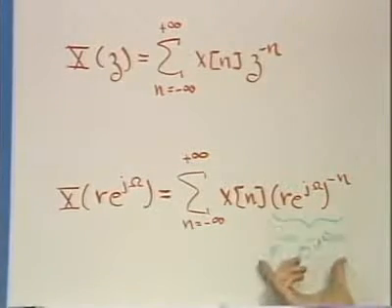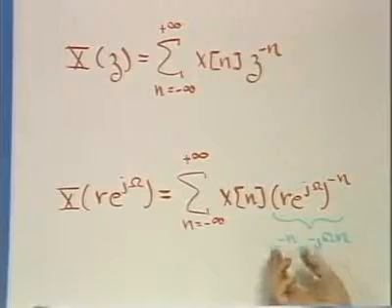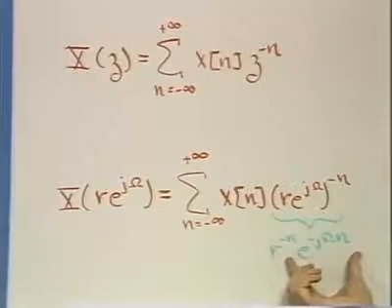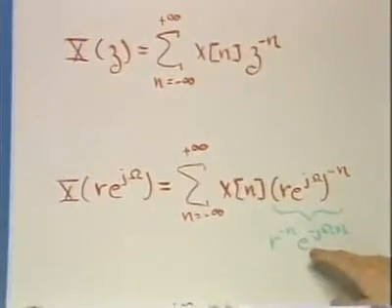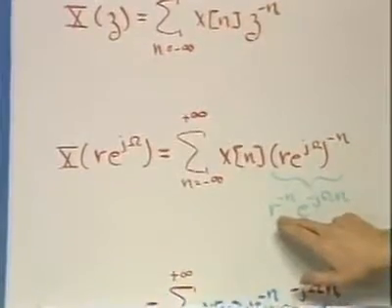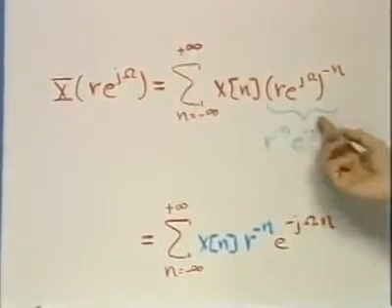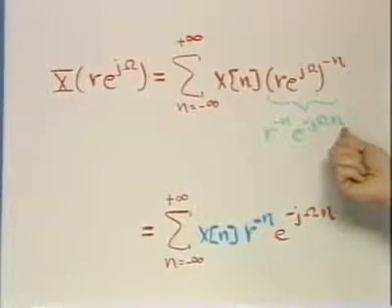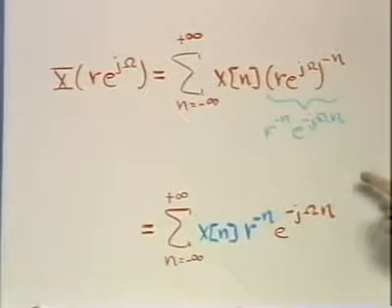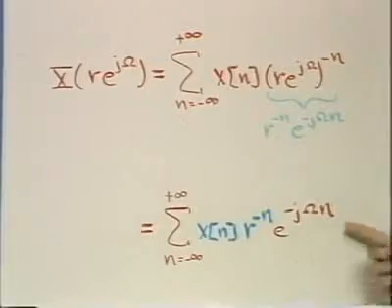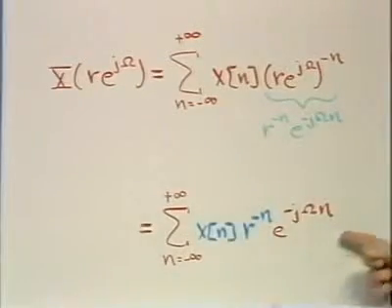We can factor out these two terms, r to the minus n and e to the minus j omega n. And combining the r to the minus n with x of n, and the e to the minus j omega n being treated separately, what we end up with is the summation that I have here.